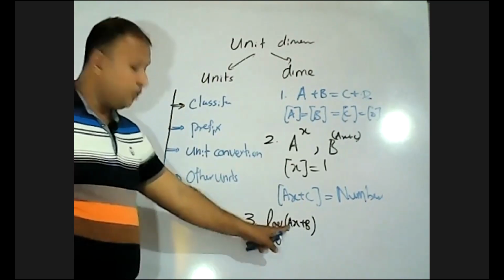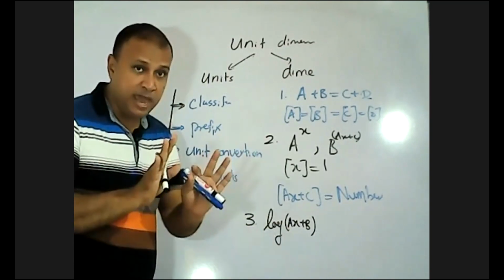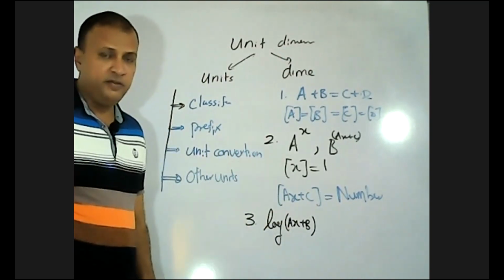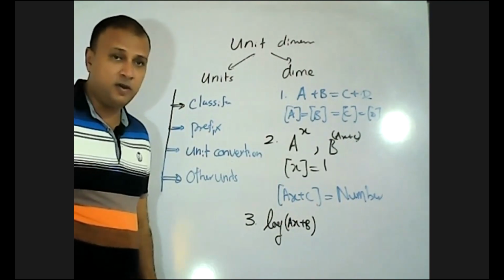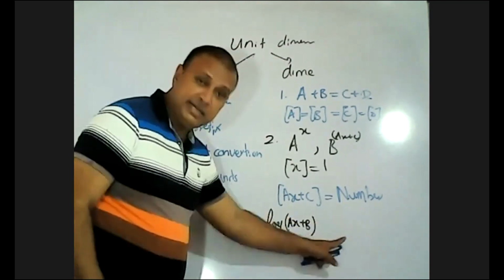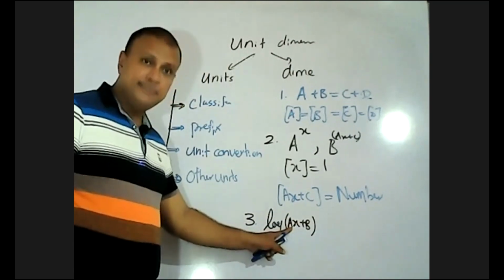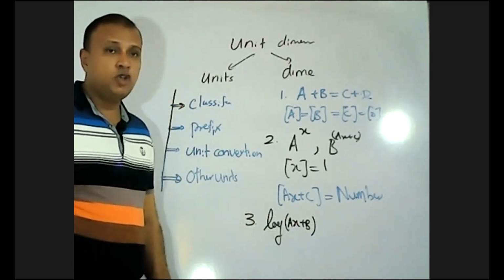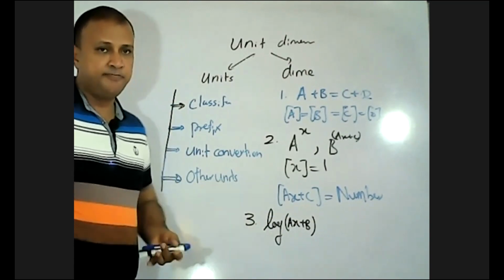So we can add or subtract the same physical quantities. So if it is a number, ax should be a number and bx should be a number separately. Okay.